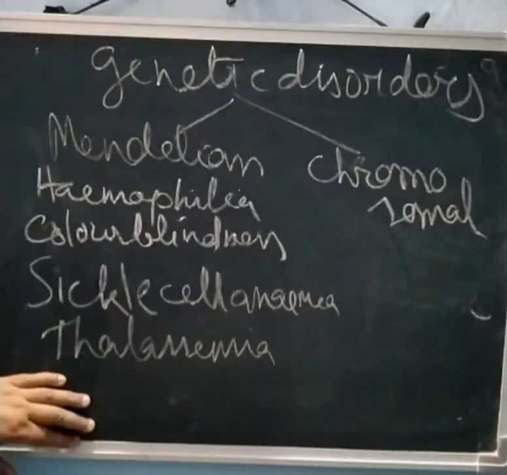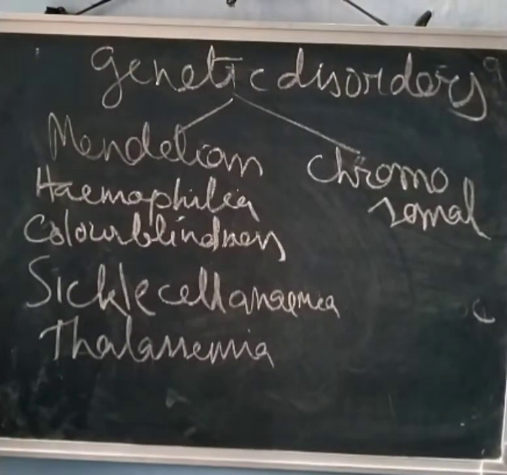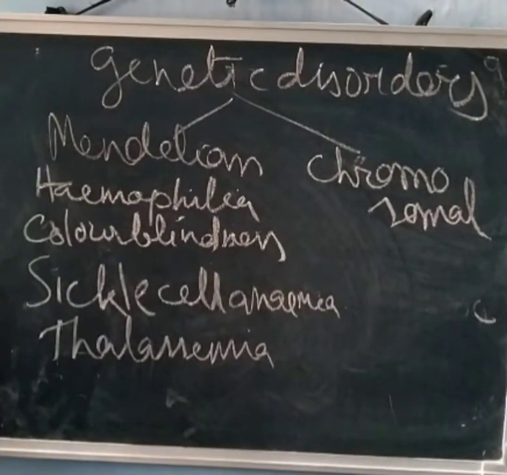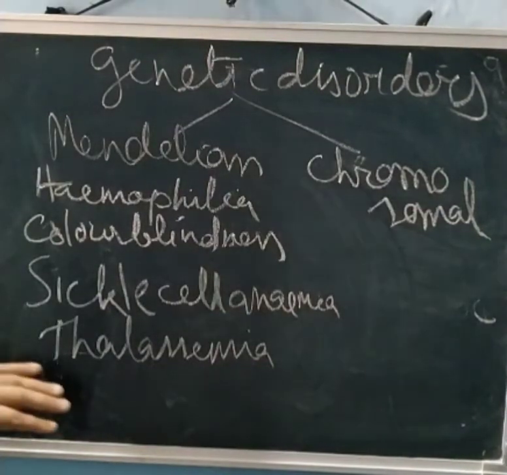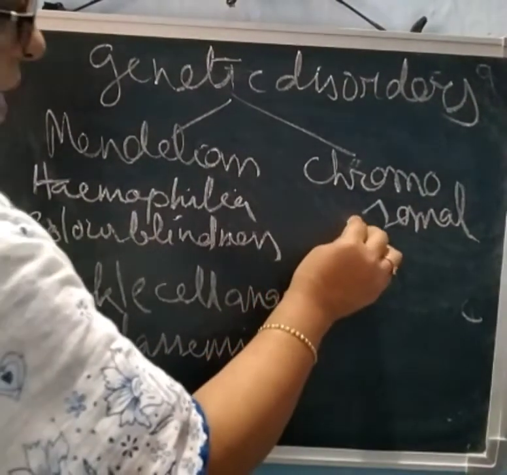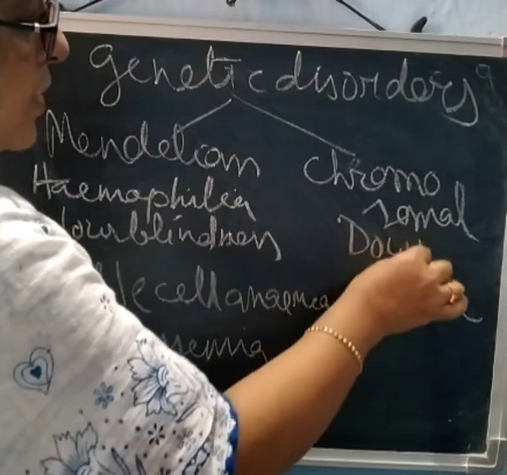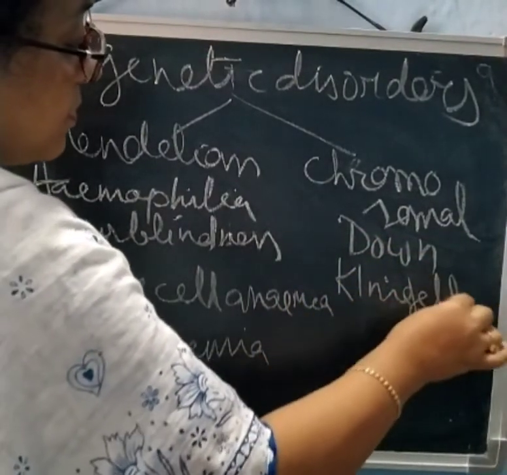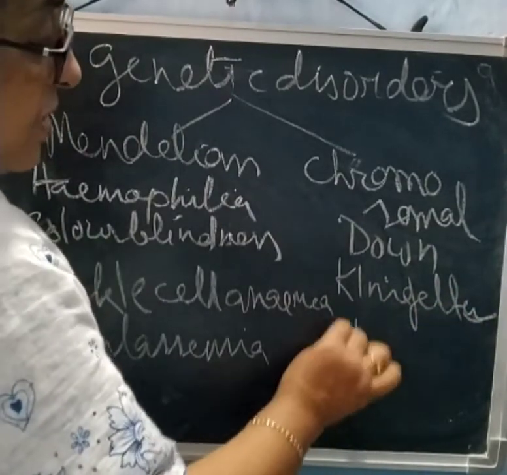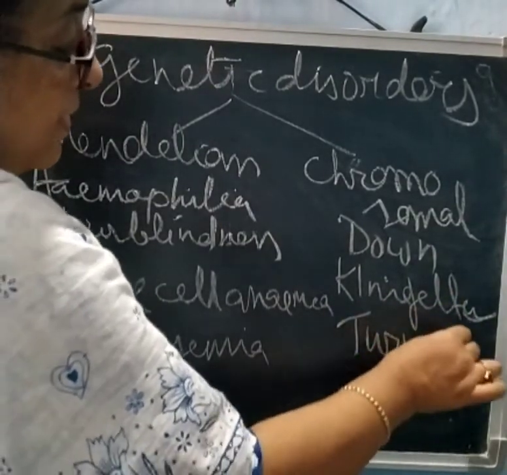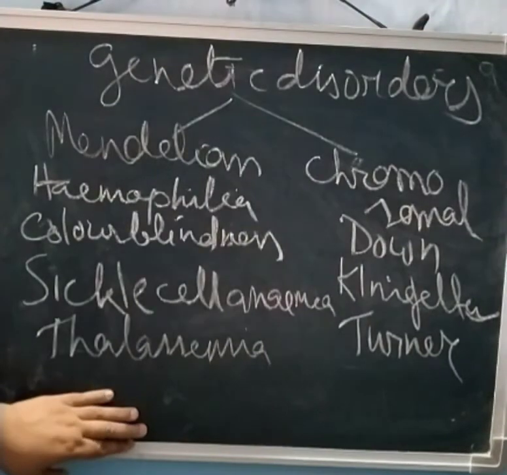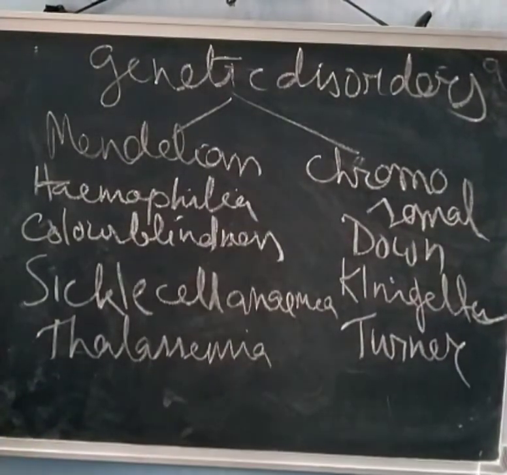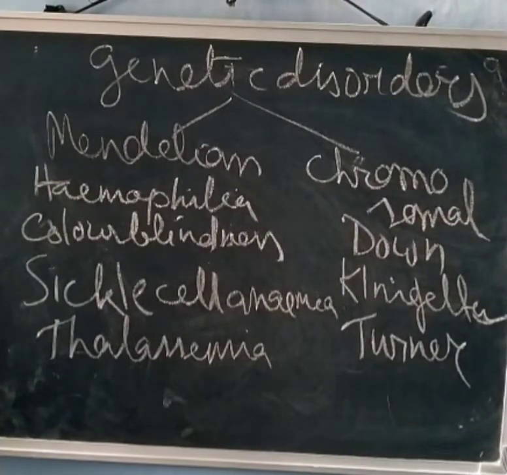So these four we will discuss under Mendelian disorder. And under chromosomal disorder, we will discuss the syndrome-bearing diseases like Down syndrome, Klinefelter syndrome and Turner syndrome. There are many more syndromes like this which are chromosomal disorders. So we will discuss one by one all these genetic disorders.